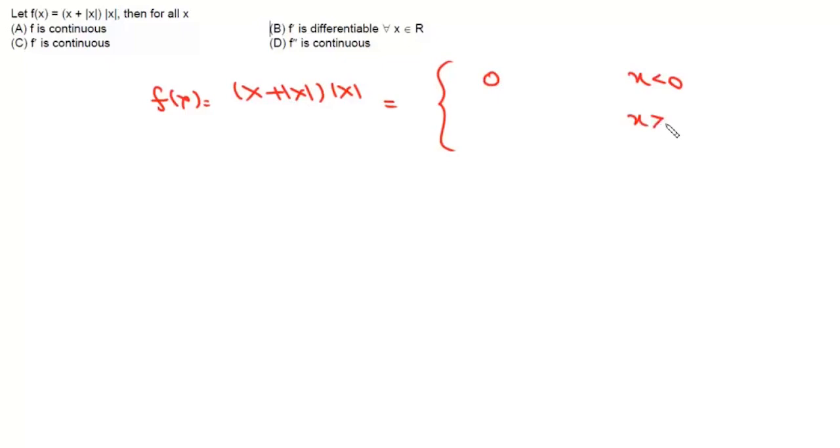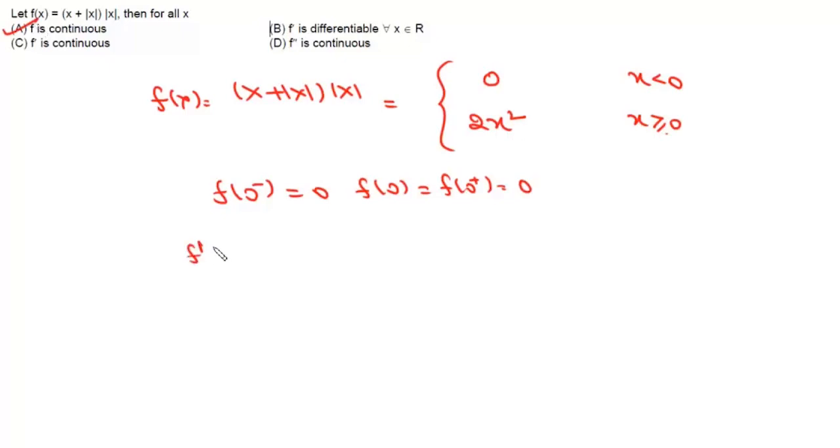And when x is greater than or equal to 0, mod x is plus x. So in that case, it will be simply 2x square. Now, f(0) negative, it is 0. And f(0) is equal to f(0) positive, as we have this equality sign here, and it will be 0. So this function is continuous.